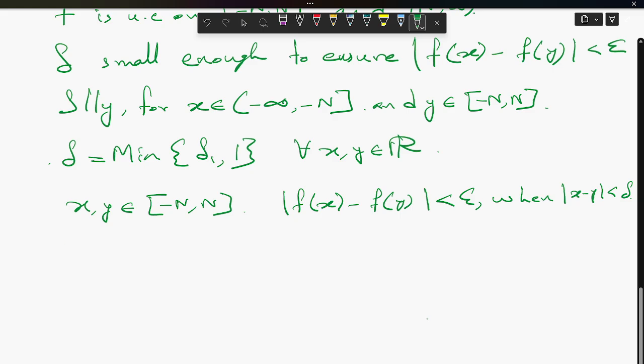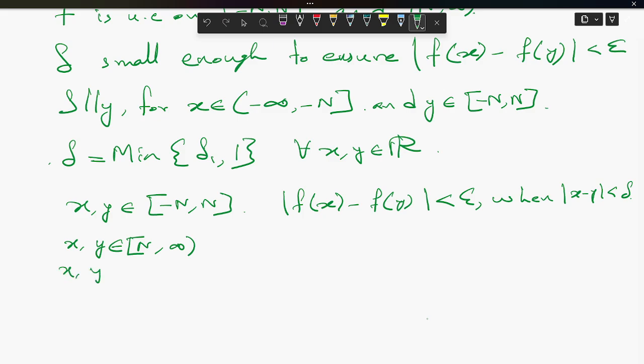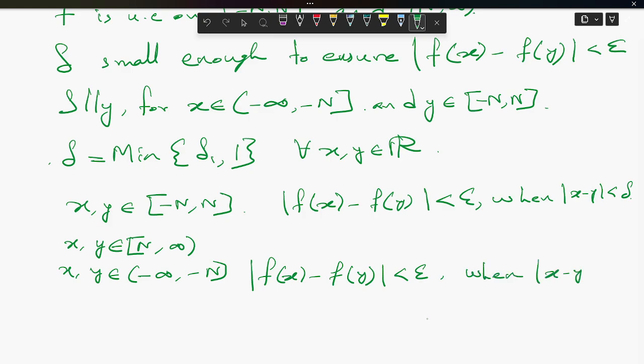Now, if both x and y are lying between this, then mod of f(x) minus f(y) is less than epsilon when mod of x minus y is less than delta.